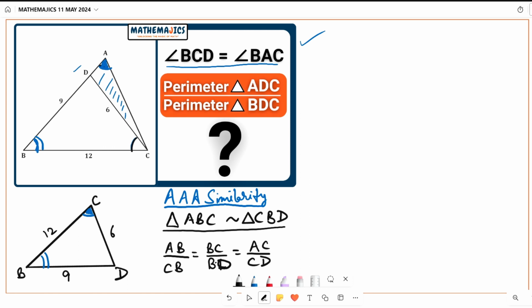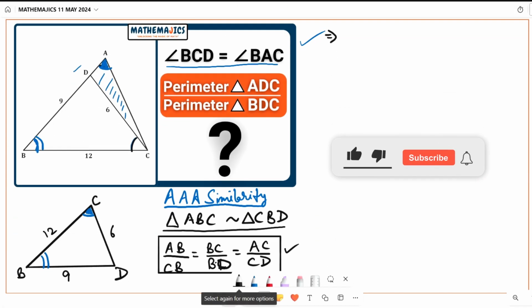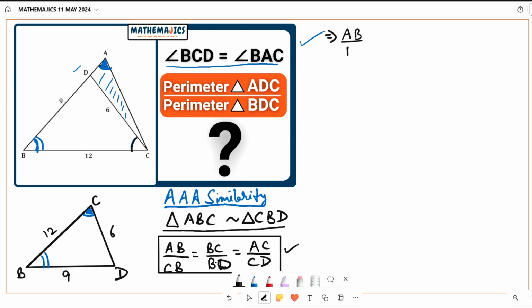Now using this, let's find a few sides of triangle ABC. So what is AB here? We don't have AB with us, but we have BC, that is 12. AB over BC equals BC by BD. BC is 12 and BD is 9. This is equal to AC over CD.